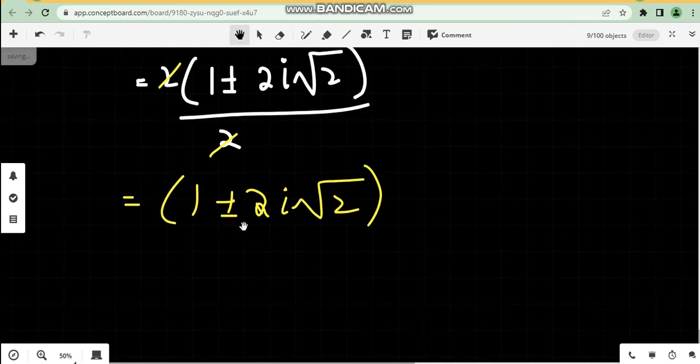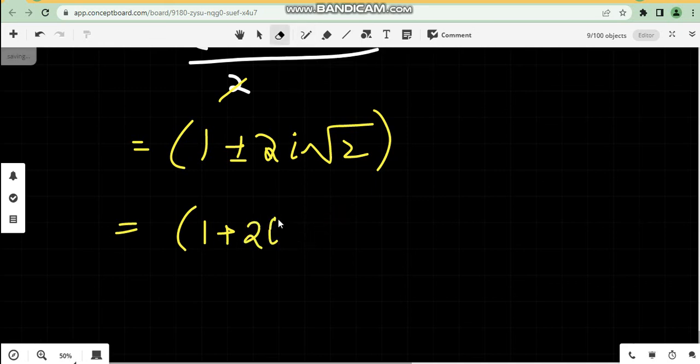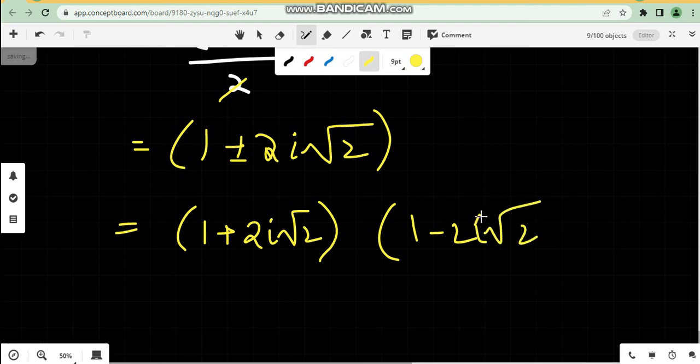So these are the real and imaginary parts. I can write it separately: 1 plus 2i square root of 2, and 1 minus 2i square root of 2. And that's the final answer.